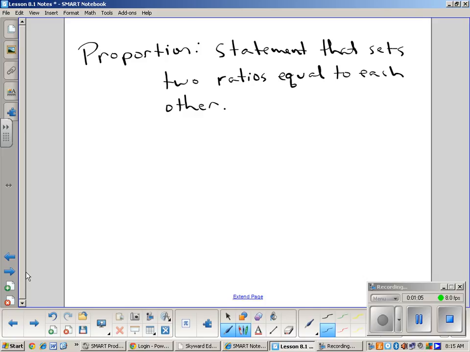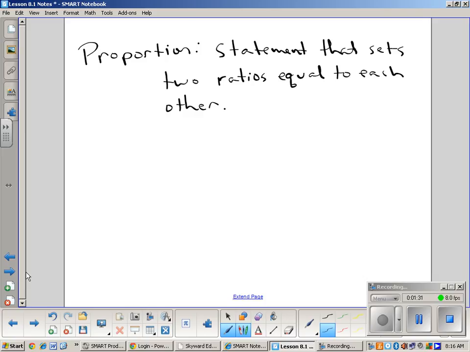And a ratio is just a fraction. We compare two things. You want to compare how far you've driven and how much gas you've used? What's our ratio? If we want to compare how many miles we've driven and how much gas we've used, what's our ratio? Miles to gas. Okay, miles per gallon, right?